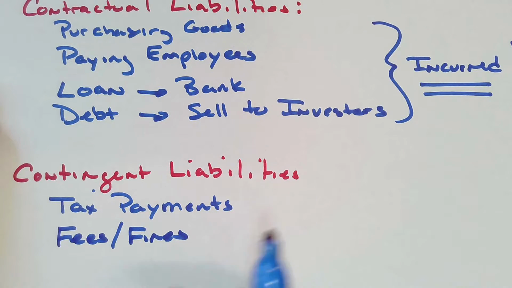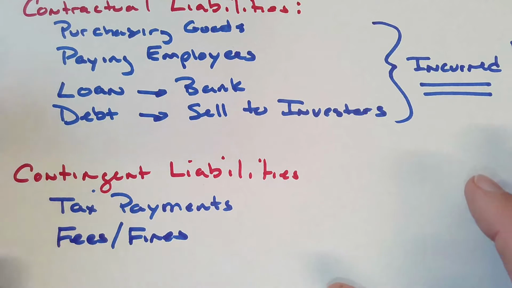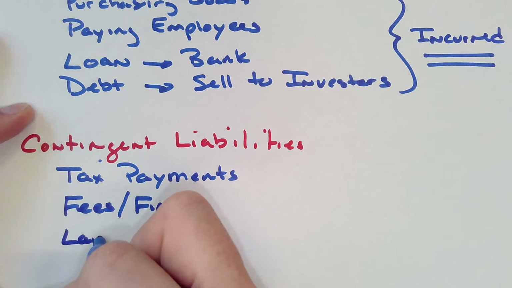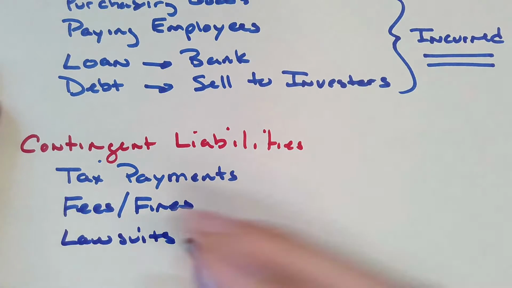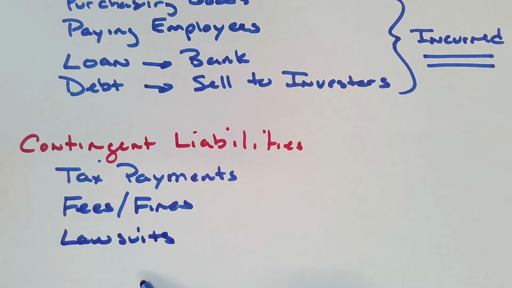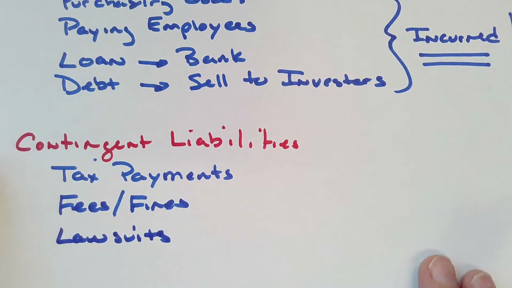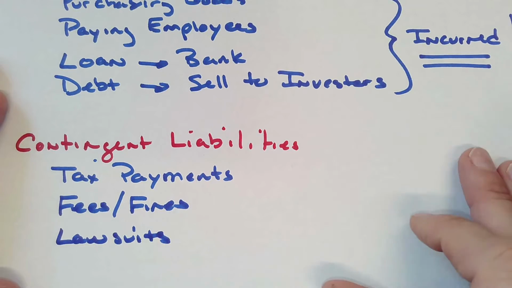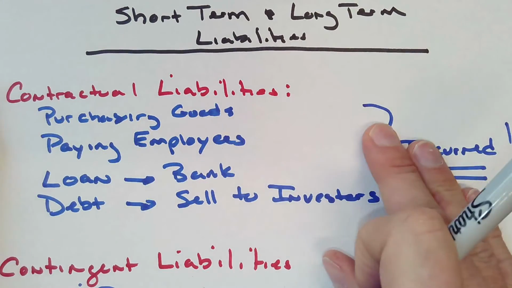So there has to be a likelihood that this is going to happen. So that could be a contingent liability. Lawsuits are contingent liabilities. I might get sued, but some other things might have to happen in order for that contingent liability to actually be recognized. And so when we think about contingent liabilities, this is based on incurred contractual liabilities.